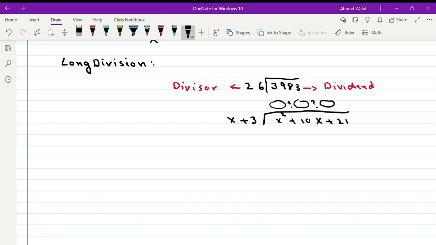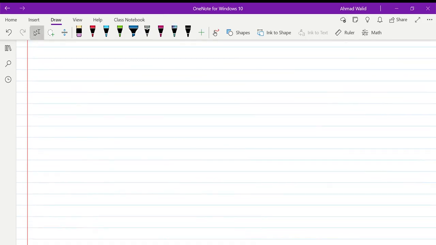I will rewrite this example a little bit here, and I'll explain how to do the long division, correct? For example, example number 1 of your book: x squared plus 10x plus 21 divided by x plus 3.